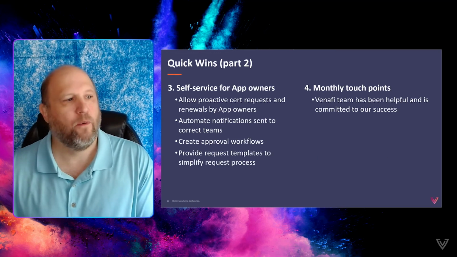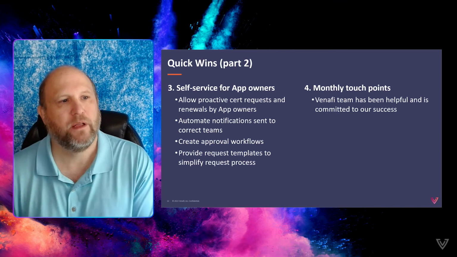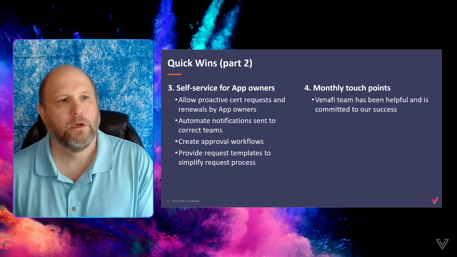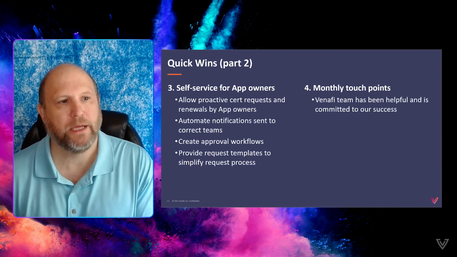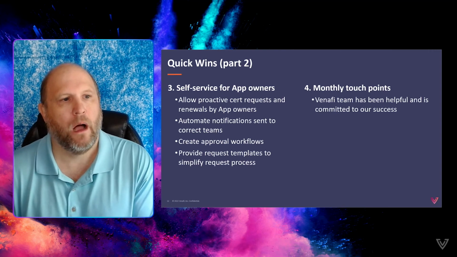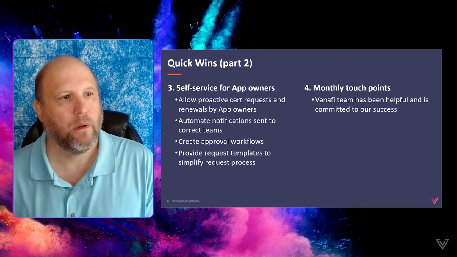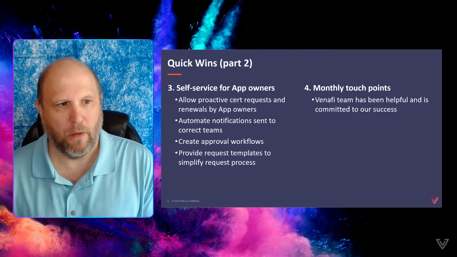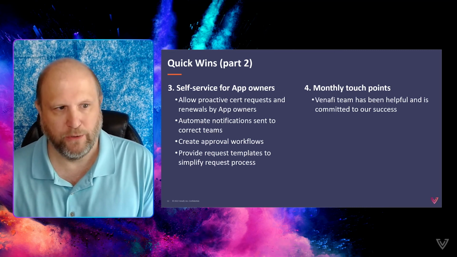Some other of the quick wins is we knew that we wanted to get that ownership of certificates into the hands of the application owners. So basically empowering them to know more about their applications, and also more about how they use their certificates and be responsible for those certificates. In our existing model, in our Tangled Web, as I like to call it, it was hard for us to do that.